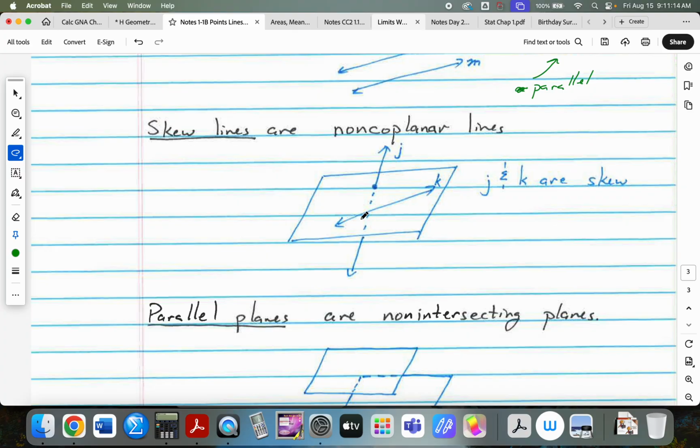The plane is between you and the line, right? It's actually going underneath the plane. And then K is up here on the plane. Those two are never going to intersect, but they aren't parallel either. Those are called skew lines. So they don't intersect, but they aren't parallel.